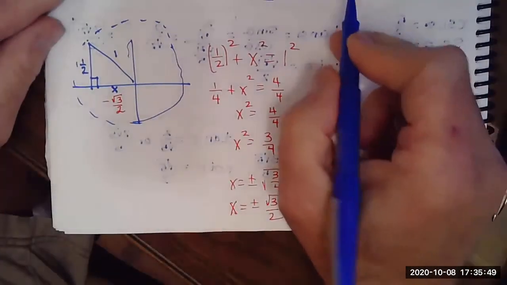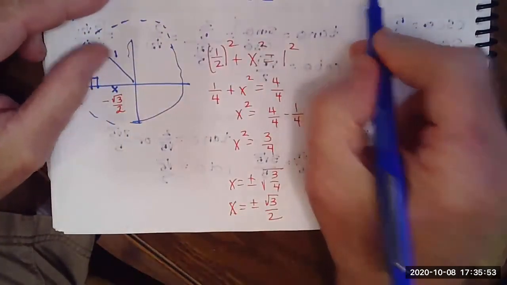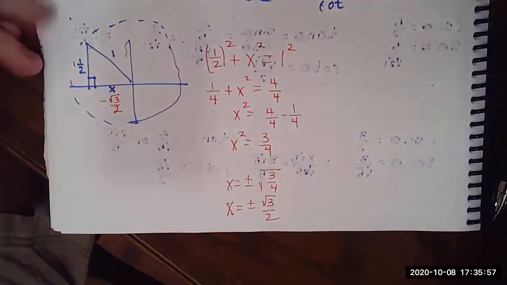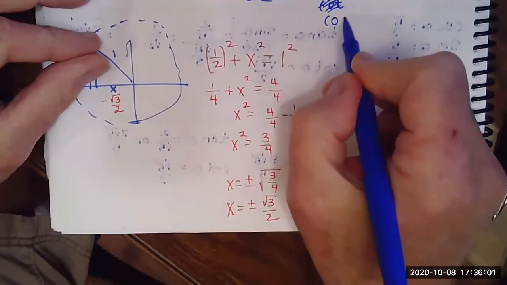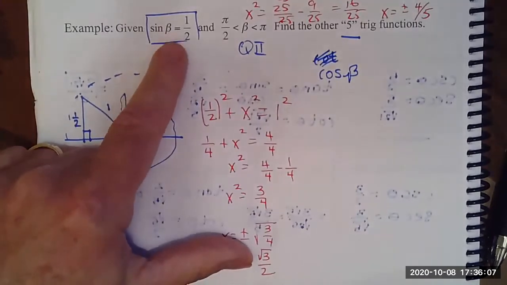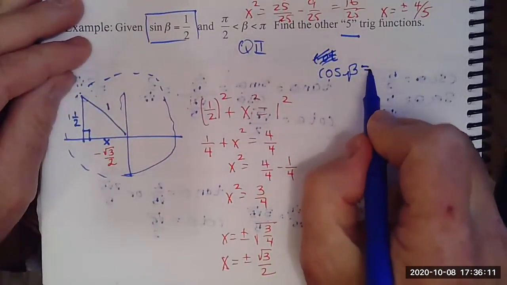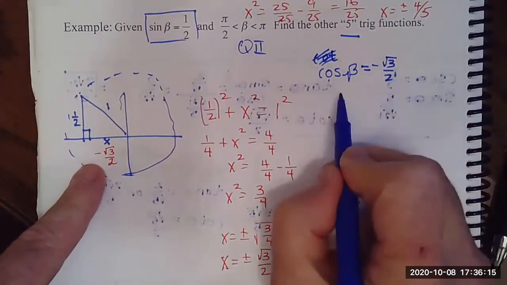So here we go. You've got sine. You need 5 others. So let's start with cosine. That's the Greek letter right there, beta. So cosine of beta is equal to the x, which is negative root 3/2.